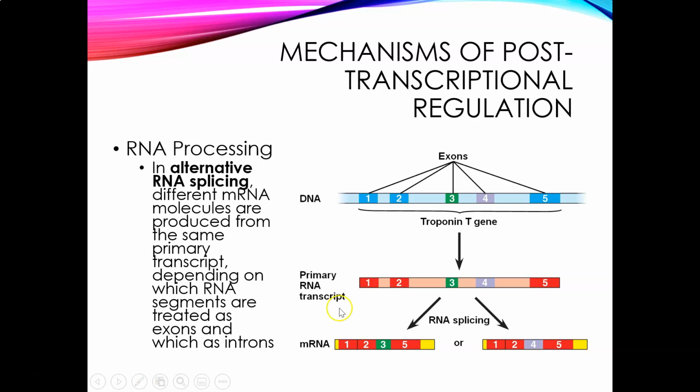So if I splice together 1, 2, 3, and 5, I get one mRNA molecule that can then be utilized to make a certain protein. If I splice together 1, 2, 4, and 5, I get a slightly different mRNA molecule, which means I'm going to produce a slightly different protein. And so it gives us some additional mechanisms to control gene expression based on what is available in the environment.